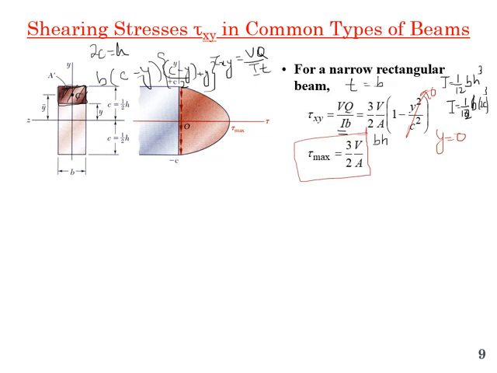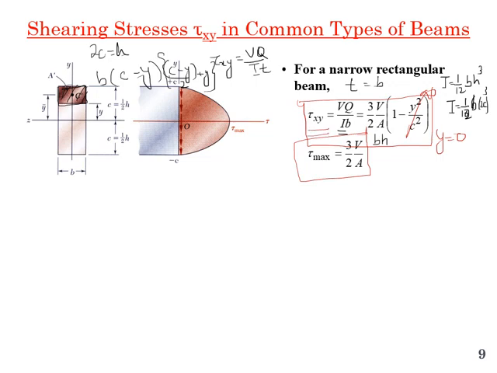Now if you look at this expression again, the shear stress distribution is parabolic. At y equal to plus or minus c, that is the top and bottom surface, if we put the value of c, 1 minus 1 becomes 0, so shear stress will become 0.